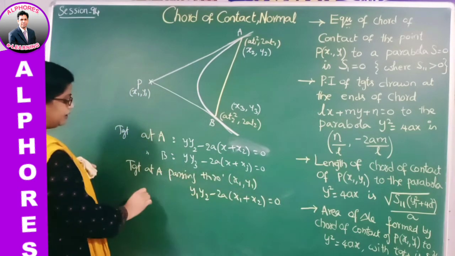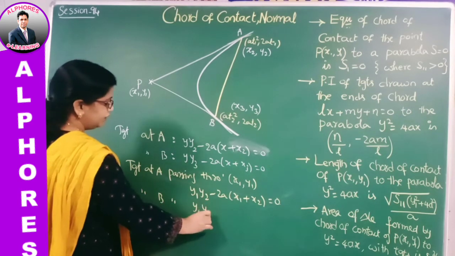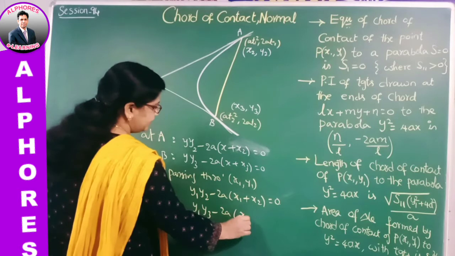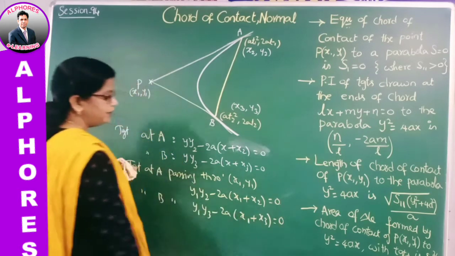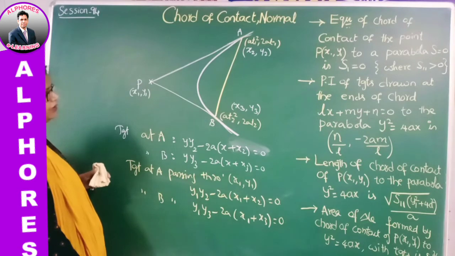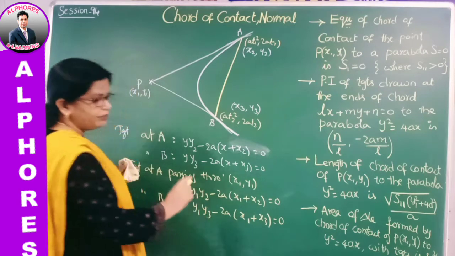Similarly, the tangent at B has the same condition, so we write y1 y3 minus 2a into x1 plus x3 equal to 0.